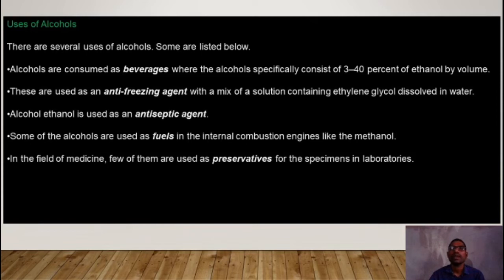Some alcohols are used as fuels in some internal combustion engines, like methanol. In the field of medicine, alcohols have uses in large quantity. Alcohols are also used as preservatives for specimens in laboratories.